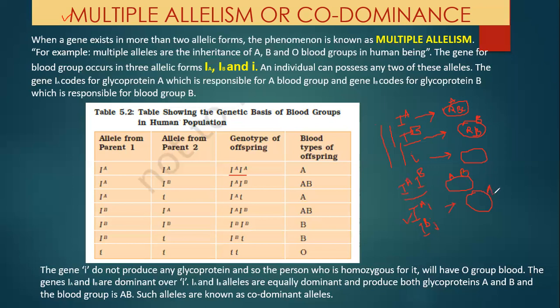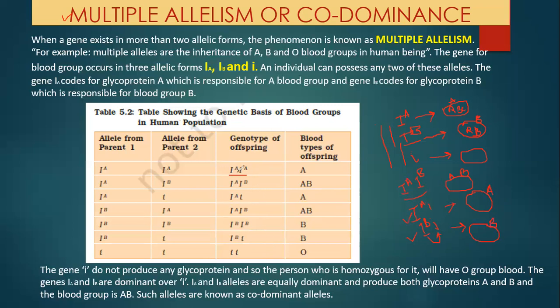So A type of glycoprotein will be expressed on the surface of the red blood cell. If IB and small i are present together, then IB is dominant, so the blood group will be B, and B will be expressed on the surface of the red blood cell. Let us see what various combinations can be there.